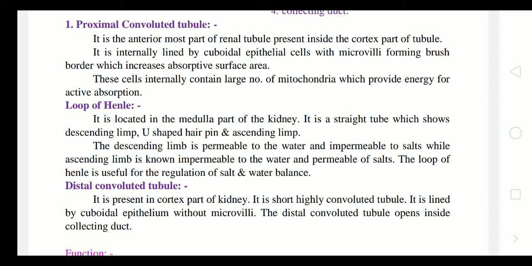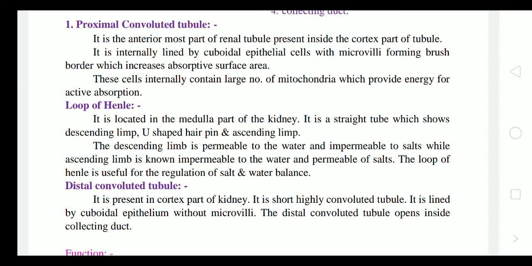The descending limb is permeable to water and impermeable to salt, while the ascending limb is impermeable to water and permeable to salt. So they are maintaining different water and salt concentrations in our body, in the blood.